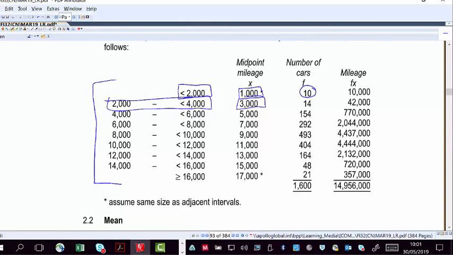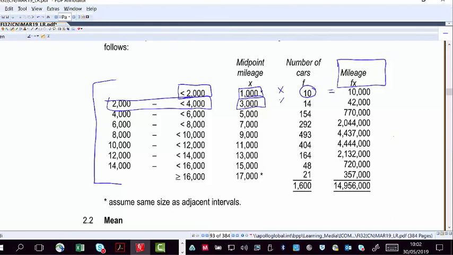We then have the number of cars that recorded that band of mileage. And then in the end column, we've taken the frequency, so the number of cars, times the midpoint to give us our total here. So for example, we've taken the midpoint mileage of 1,000. We had 10 cars that recorded that, so that gives us 10,000.